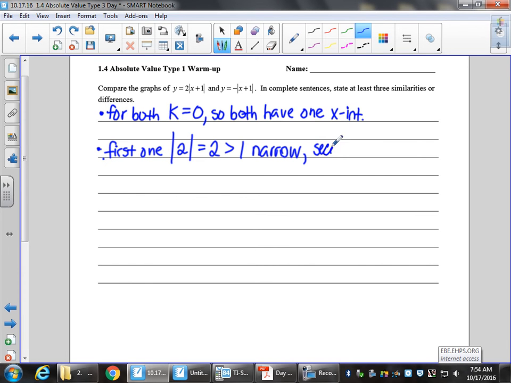Second one, what's A for the second one? What's the absolute value of negative 1? If it exactly equals 1, the word starts with an N, not narrow. It's not wide, it's not narrow, it's normal.